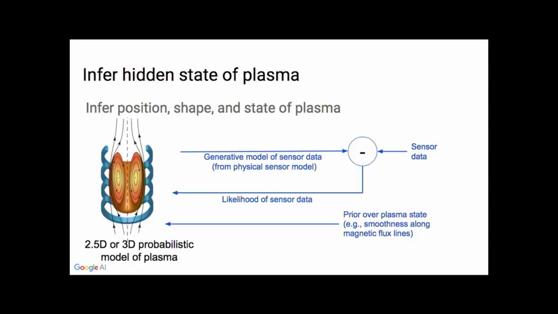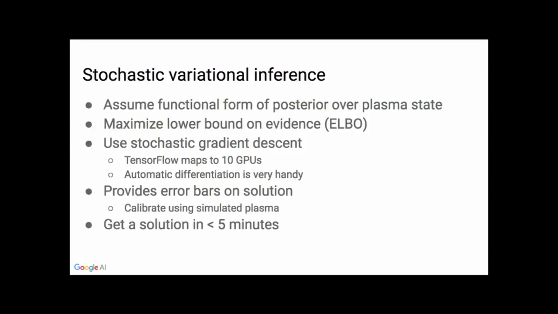But of course, that's sparse data. We're not doing maximum likelihood estimation. So we use a prior over the plasma state that involves physics knowledge. For example, we enforce smoothness along magnetic flux lines. And the way that works is we do a relatively large-scale stochastic variational inference. So we assume a functional form over the posterior.